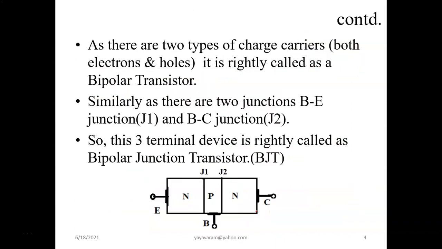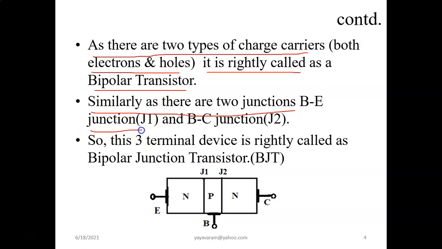Once you understand this, explain the same thing here. As there are two types of charge carriers, both electrons and holes, it is rightly called a bipolar transistor. Similarly, as there are two junctions, J1 between base and emitter, and J2 between base and collector.